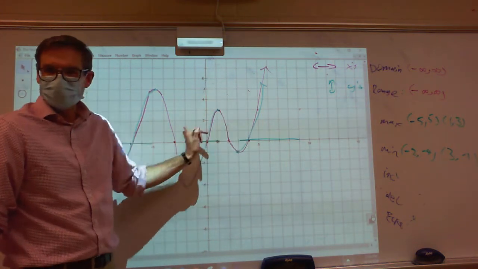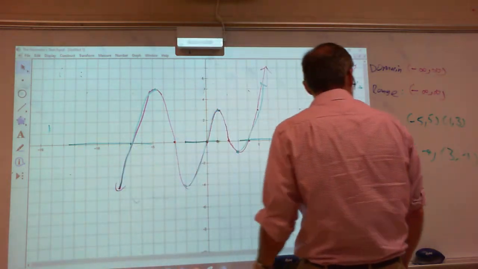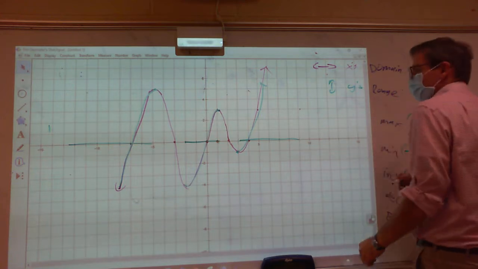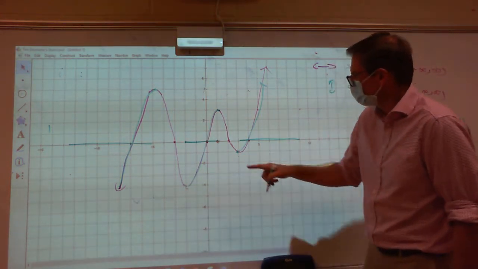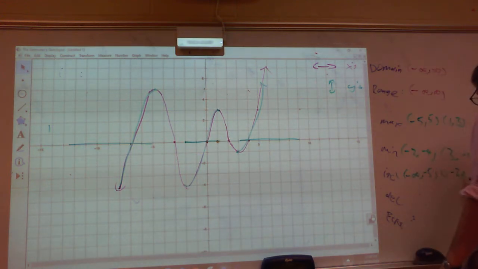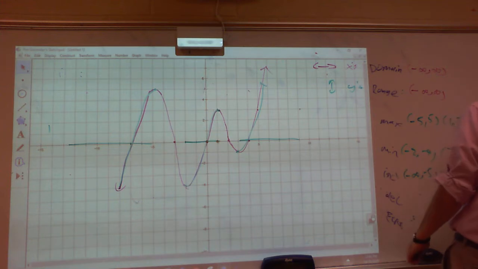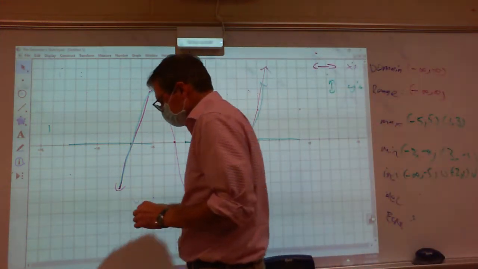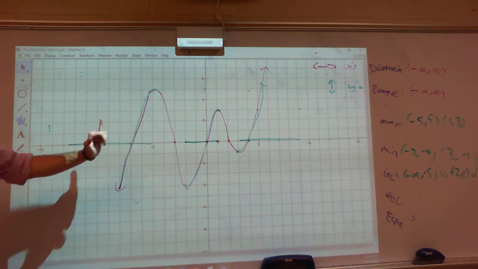So this is increasing from negative infinity to -5, then from -2 to 1, and then from 3 on. And then as far as decreasing goes, it's the rest of them.